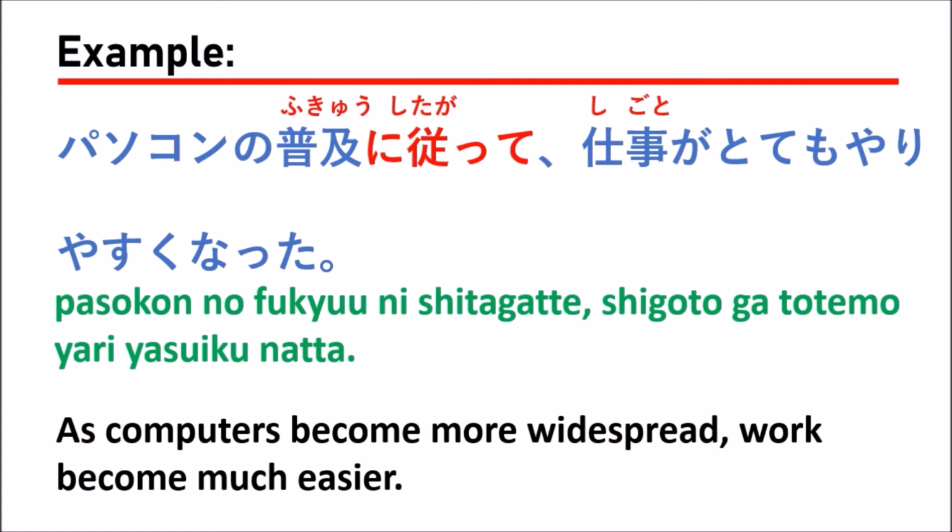So here we use the noun. According to the widespread of the computer, 仕事がとてもやりやすくなった, which means it became easier to do work.